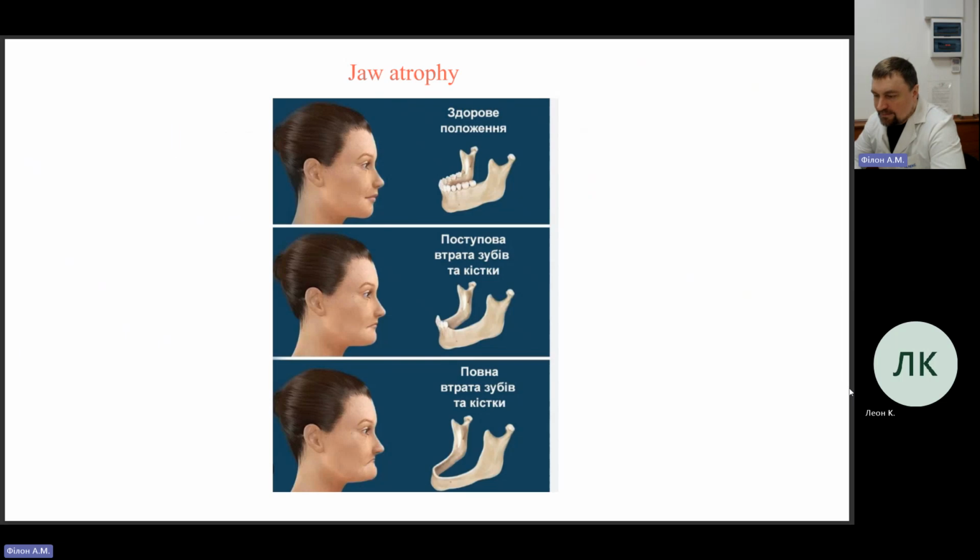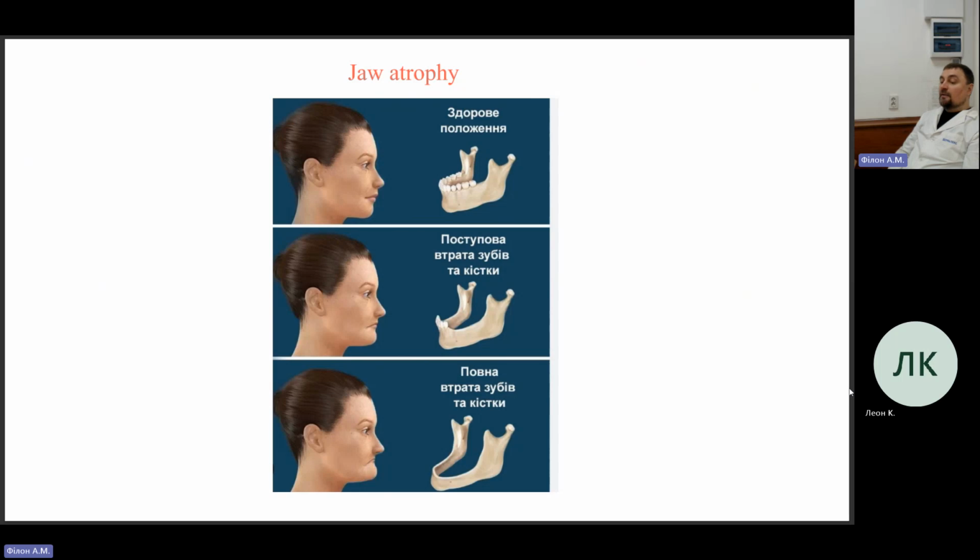Look at this picture. From the moment the patient comes into your cabinet or clinic, opens the door and sits on your dental chair, you can see this part of the face, and this one is almost the same, but the third one is small compared to the first and second. What does it mean?